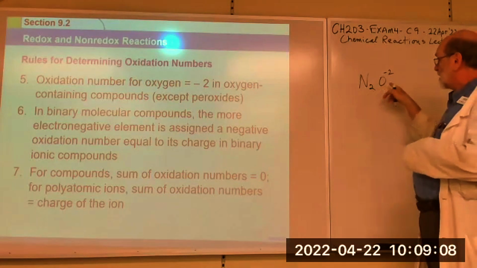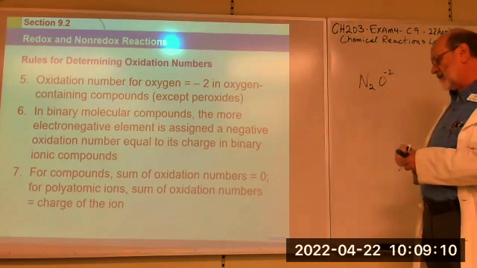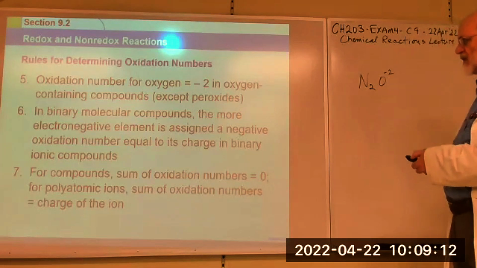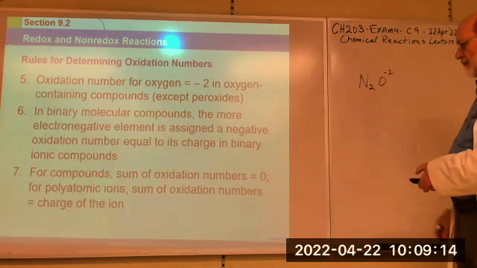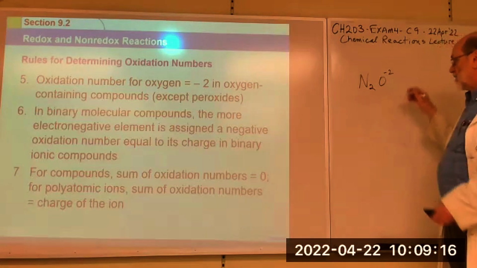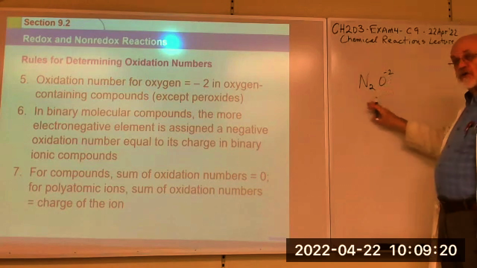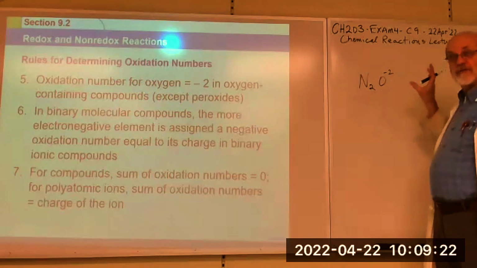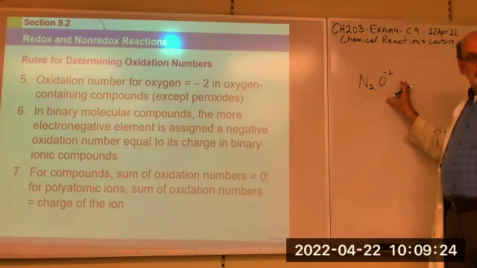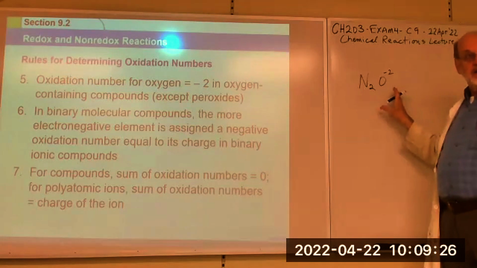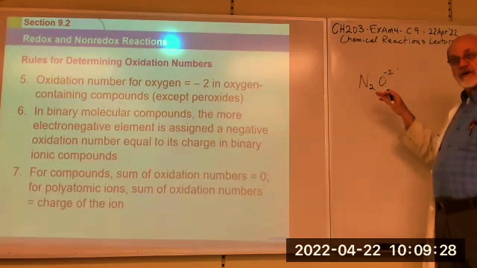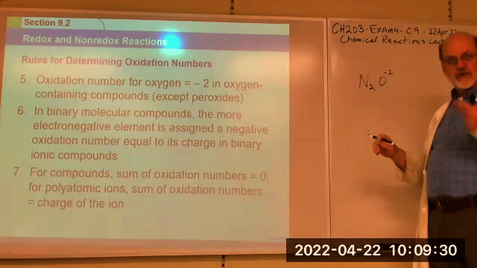That means the nitrogen has to balance it. And that's rule number 7. You have to balance all the oxidation numbers. If there's no charge on the species, then they have to be equal to 0. If it's a polyatomic ion, then you add them all together and they have to add up to the charge on the ion.